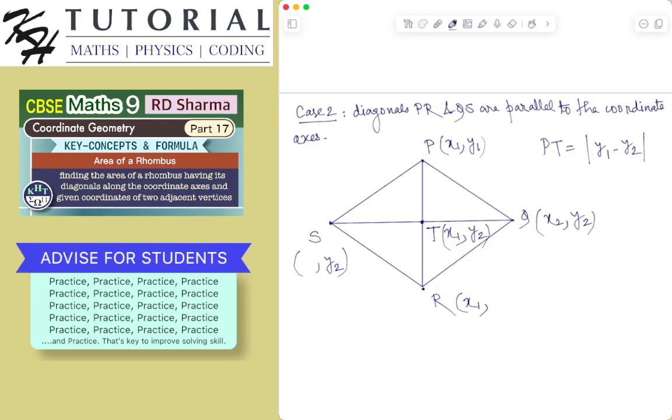So in this case, as per this diagram, since the point R is below the diagonal QS, its ordinate will be y2 minus the absolute value of y1 minus y2.